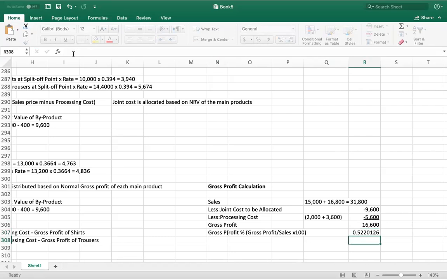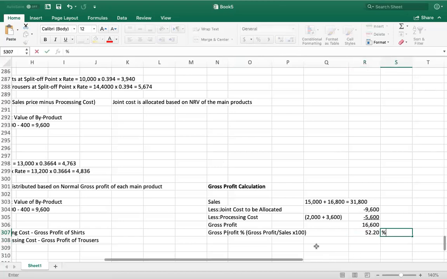So how much percentage does it become? It becomes 52.20%. So it means our gross profit is 52.20% in the form of percentage.